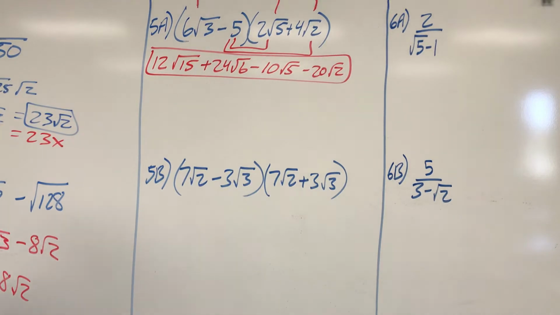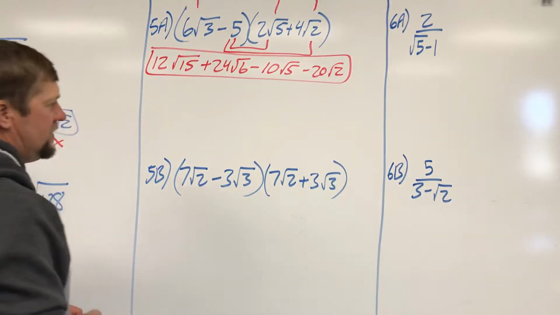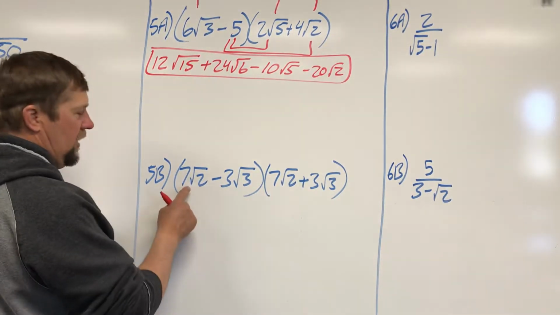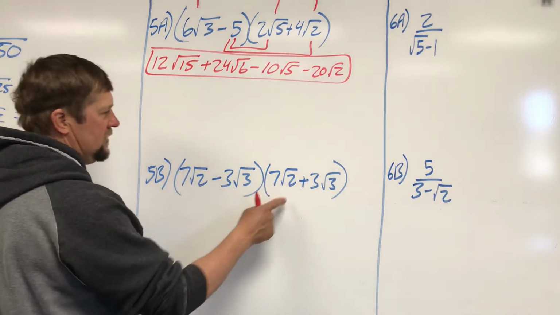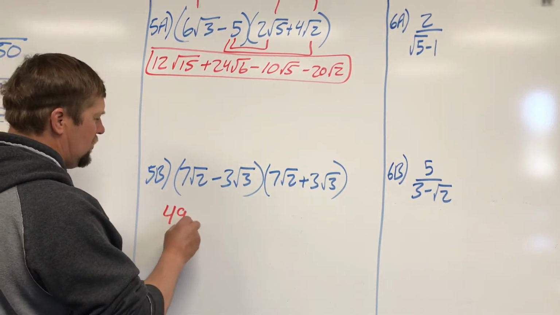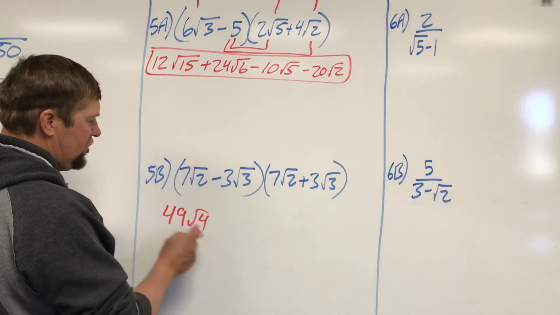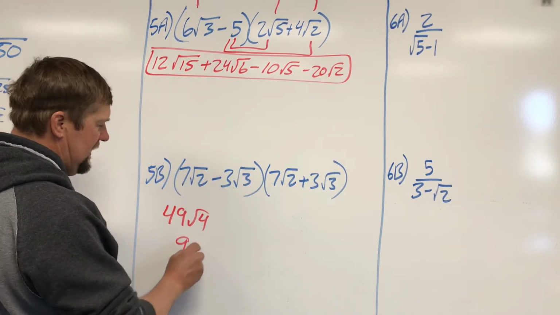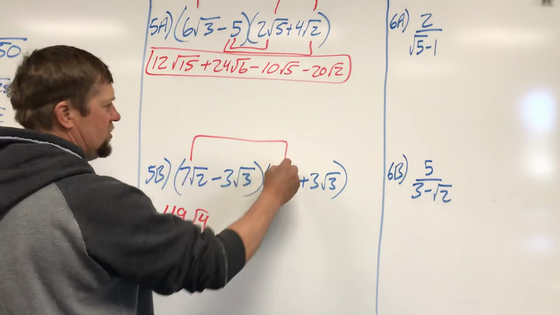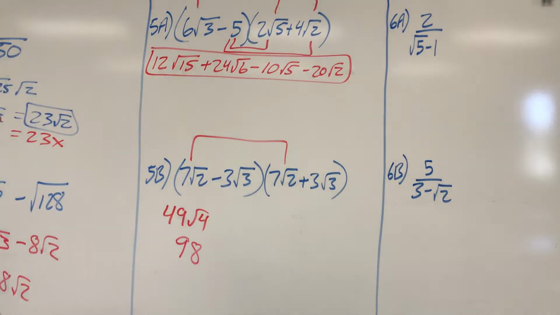All right, here's the second one. We've got 7 square root of 2 times 7 square root of 2. That's 49 square root of 4, or 2 times 49, which is 98. So our first terms are 98.